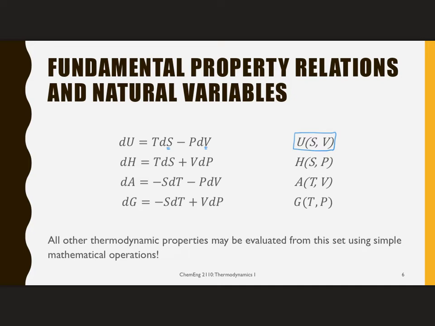It's not until I get to the two energy functions that I'm probably less comfortable with, A and G, where I get to variables where at least it's a function of things I understand, right? Temperature, pressure, and volume. And so these natural variables are going to be a way to clue us in on how we can use these. And it's going to be very useful.